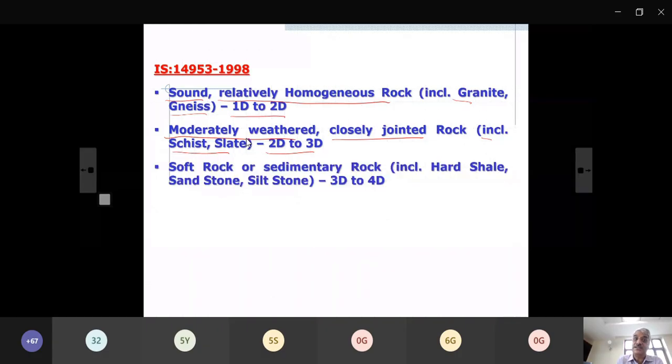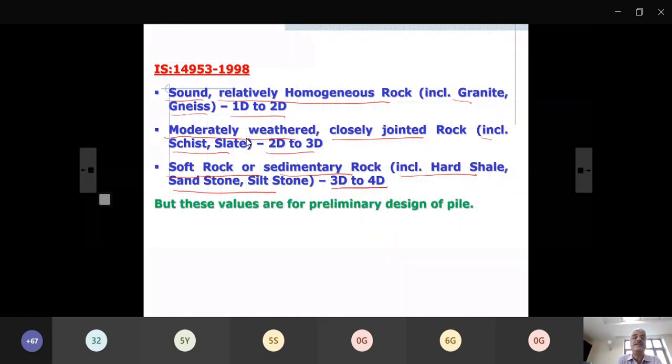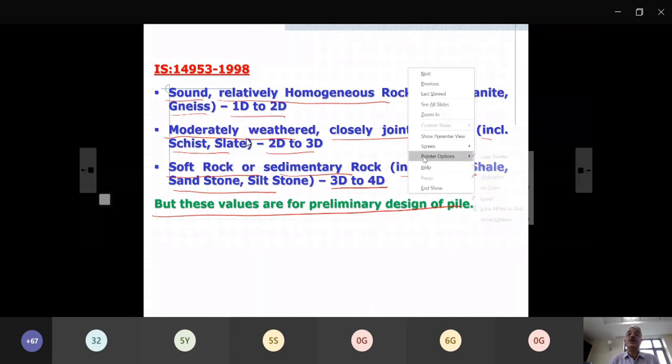These values are on the high side, but there is a catch. Soft rock or sedimentary rock, which includes hard shale, sandstone, siltstone, 3D to 4D. These values are very high, but then it says these values are for preliminary design of pile only. It says you design a pile, do the initial load test, and then refine these values. So these values are actually on the high side.